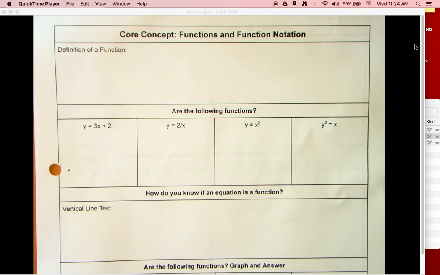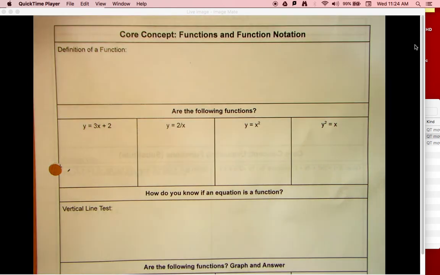We're just talking about a subset of equations that follow some special rules. And what that rule is, if we look at the definition of a function, it's basically a rule or an equation that assigns each value of one variable exactly to one variable of another. So let's go ahead and write that down.